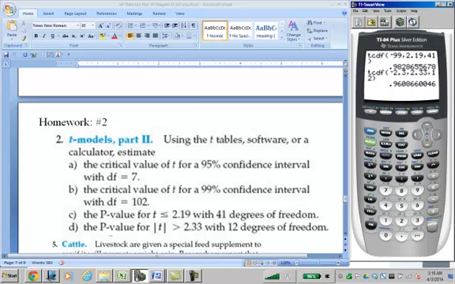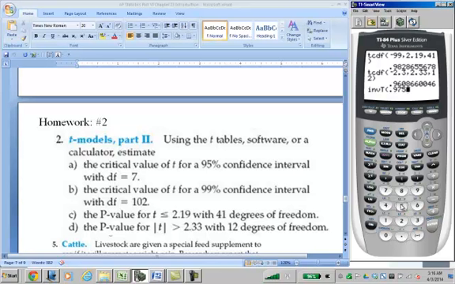So we're going to go to 0.975. That's 1 minus 0.95 divided by 2. Take that difference, add it to 0.95, you get 0.975. Okay, so inverse t, 0.975, and then we put in the degrees of freedom, 7. Notice we said it was 2.365 from the table, and obviously you're going to have a little bit more refinement when you use the calculator.